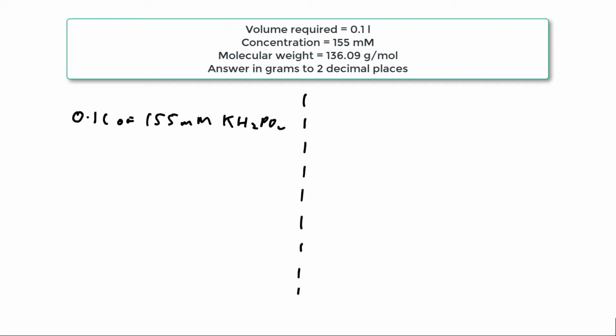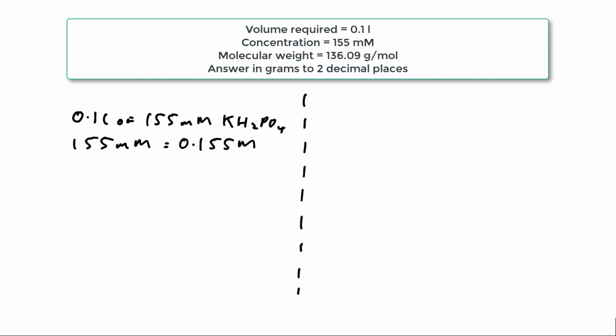Now 155 millimolar can also be expressed in terms of molar, and 155 millimolar is 0.155 molar. That's because there are 1000 millimolar in 1 molar.